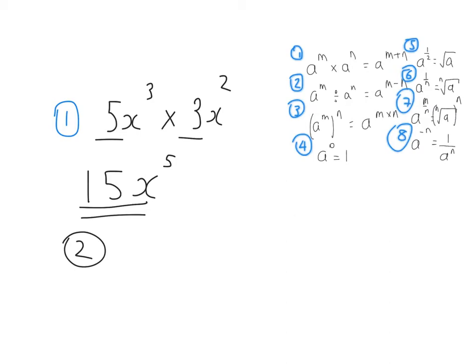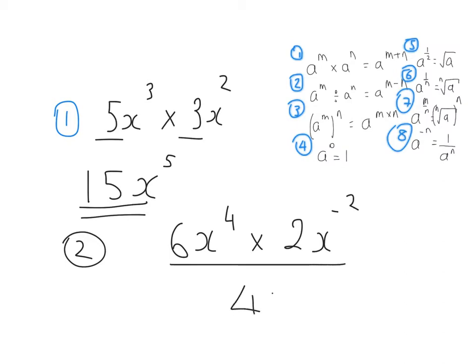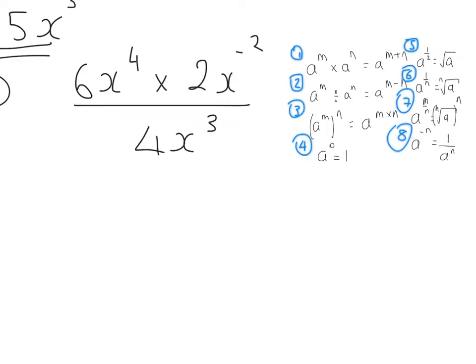Example 2, 6x to the power 4 multiplied by 2x to the minus 2 all over 4x cubed. So I'm going to use law 1 and then law 2.